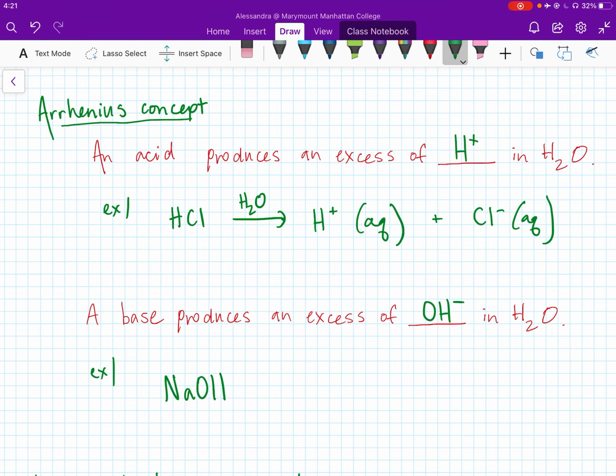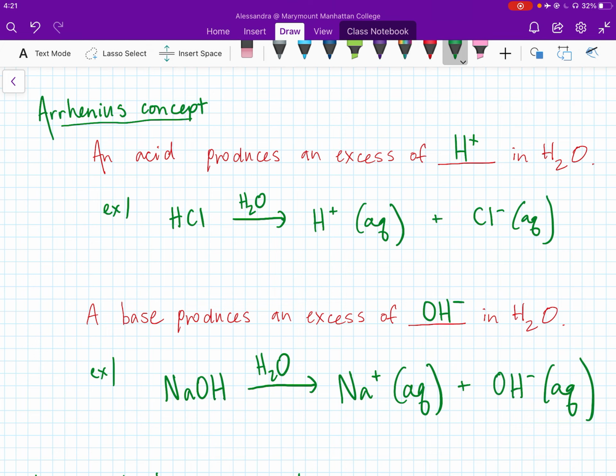If we put sodium hydroxide, which is a solid, in water, it completely dissociates to make sodium ions and hydroxide ions. So sodium hydroxide is going to release a lot of hydroxide ions into the water, making it a base in the Arrhenius definition. That's the narrowest possible definition that we could have for acids and bases in general chemistry.